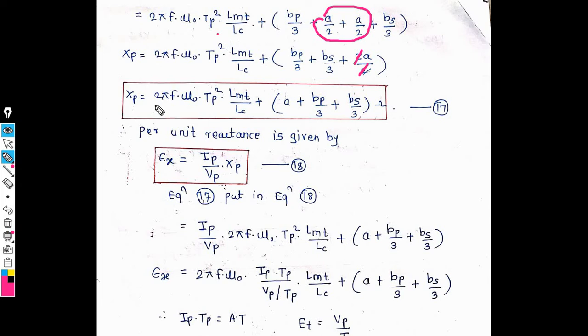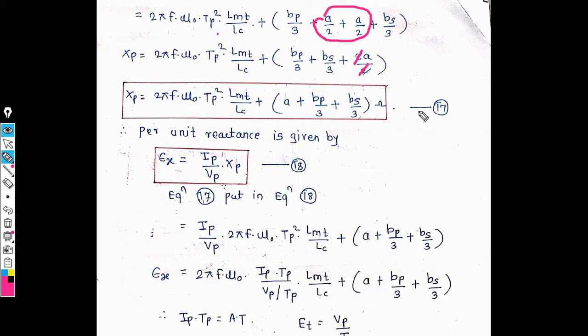Then Xp is equal to 2 pi f into mu 0 into Tp square into Lmt upon Lc into A plus Bp upon 3 plus Bs upon 3 ohm. This is equation number 17. Then also we have to calculate the per unit reactance.